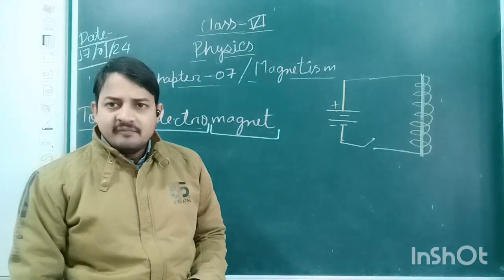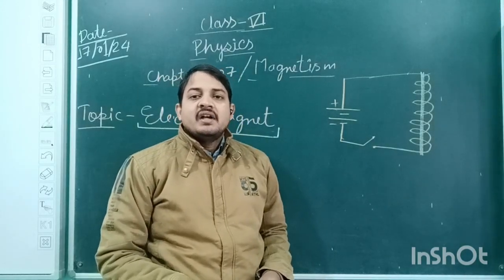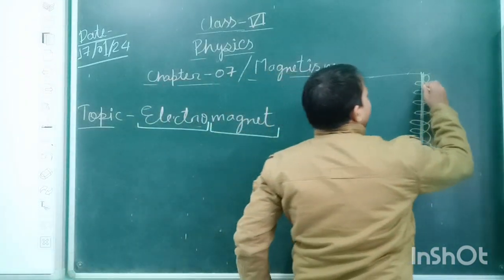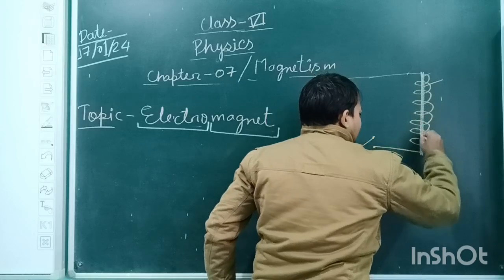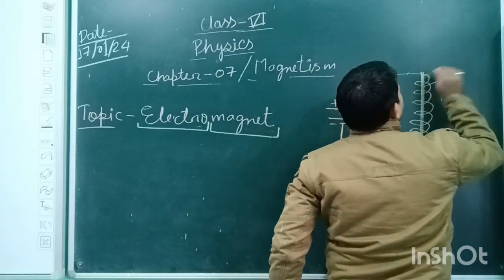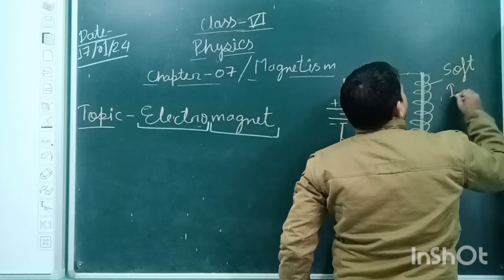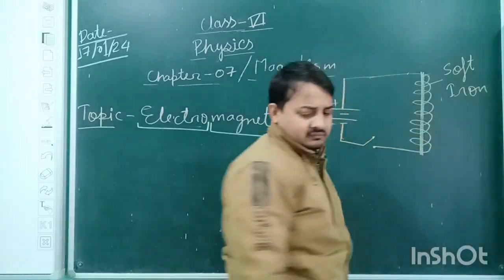We need basically five major components, five different materials which are used in an electromagnet. The central part is representing this one. The central soft iron bar is representing the core, and it is made of soft iron.